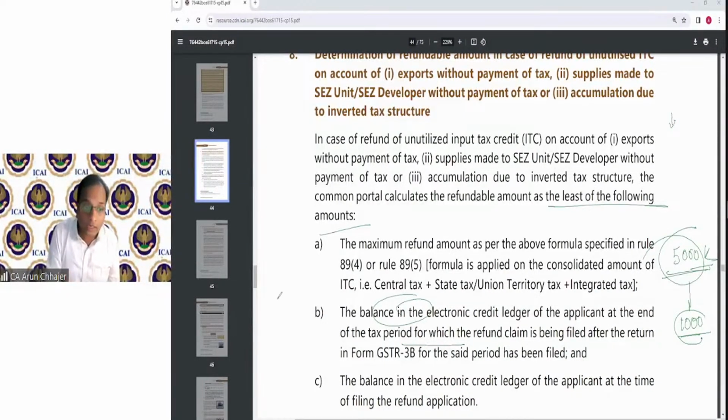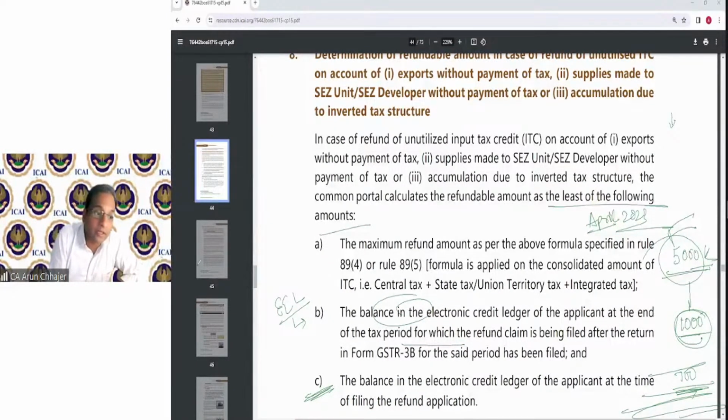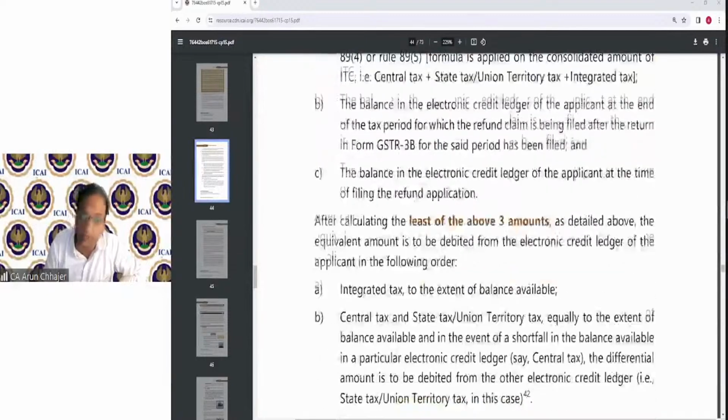You have to see how much balance is there in the electronic credit ledger when you file the refund application, and how much balance there was at the end of the month for which the refund is claimed. I have given the example, this refund is of April 2023. Correct? So the balance of ITC in the electronic credit ledger at the end of April 2023, and the balance as of 2nd December 2023, because I am making the refund application today, and the refund as per the formula, whichever is lower, that will be the refund amount. Because whichever is lower is what you will get as refund. That means I had a refund entitlement of 5,000, but I have used it. Again, it would be a double benefit if I got the refund and also used it. So they are not the same.